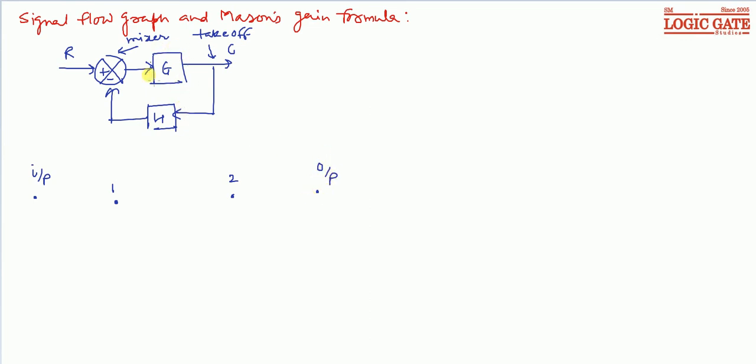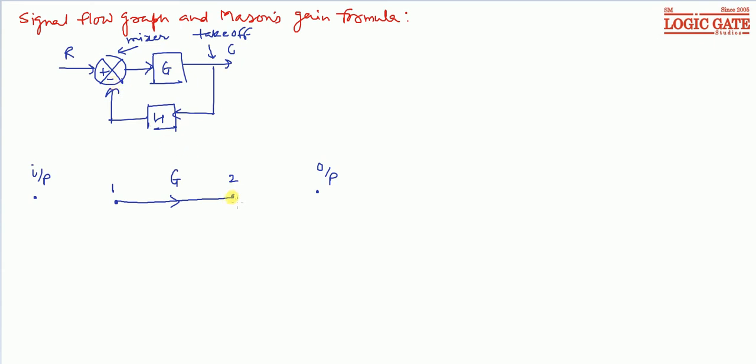Now all the blocks are replaced by signals with respective gains showing the direction of flow of signals. So between mixer and takeoff point, the block G is connected. So between node 1 and 2, there is a signal flowing from 1 to 2 with gain G. Similarly, there is another block connected between takeoff point and mixer, and it is going to the minus of this mixer.